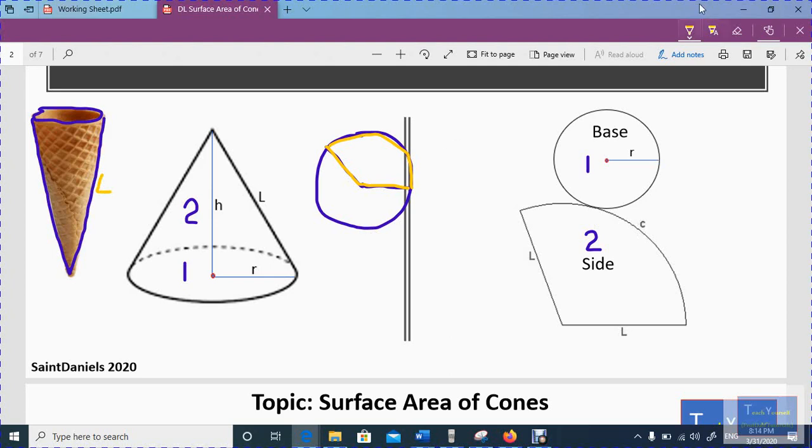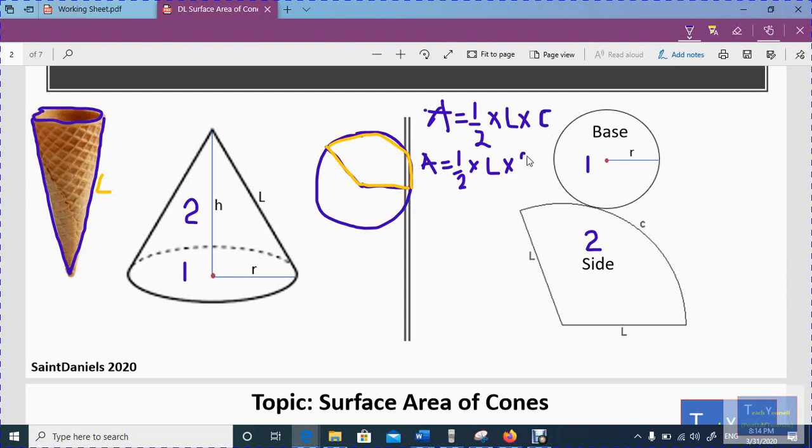To find the area of a sector, it is simply A equals 1 over 2 times the slant length L times the circumference, the arc length, which is C. Check the previous video on how to find the circumference of a circle.